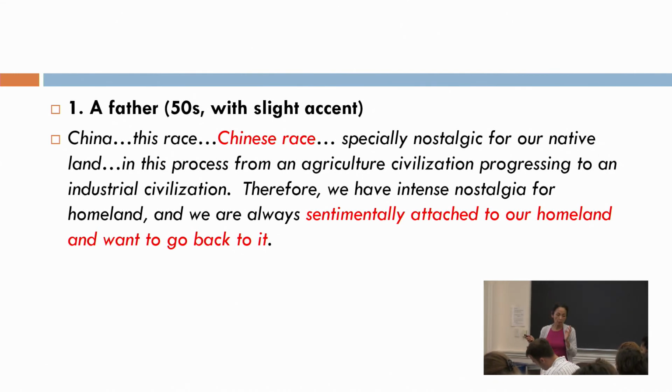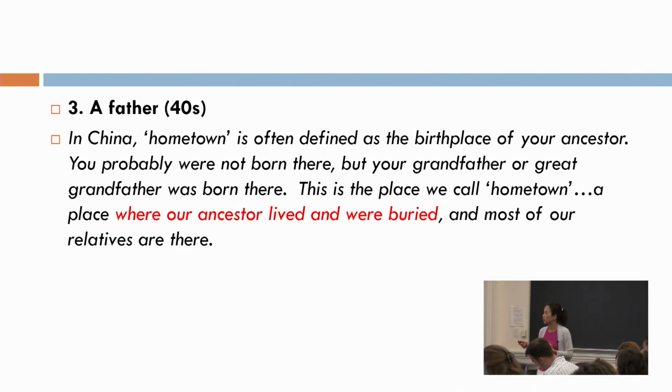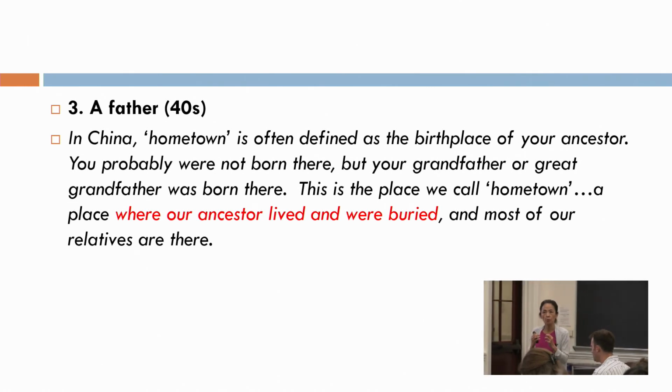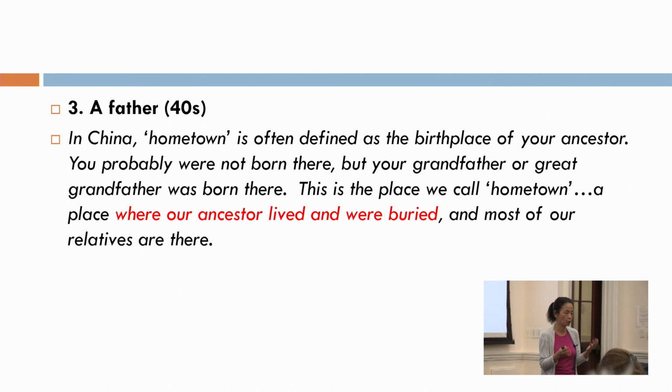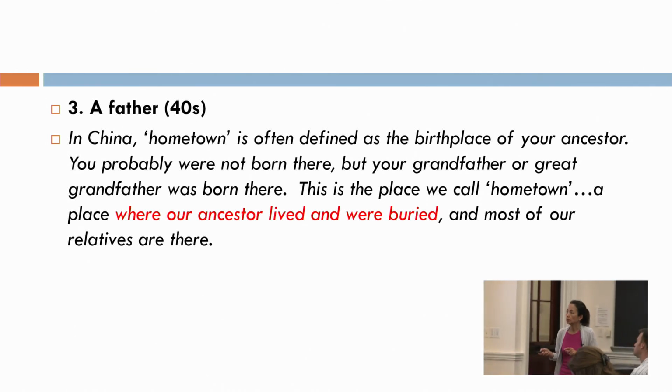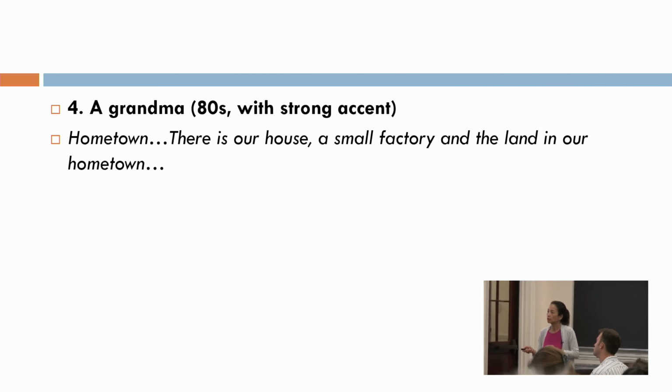And you also see different ways of seeing this word, hometown. For this father, he will say something like, it's where our ancestors lived and are buried. My students have a good discussion about this because in Western culture, you probably don't think hometown is where your ancestors are buried. But for Chinese, that's how we define it. Another one, grandma, I think is a very funny one.